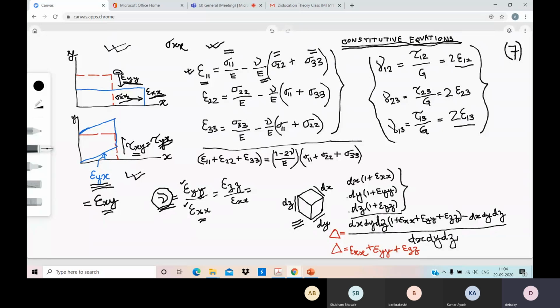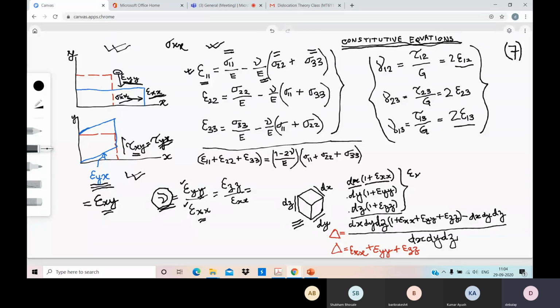Initially along the x direction its length was dx. Now that length will increase or decrease to dx into 1 plus epsilon xx, if there is a small amount of strain along the x direction.